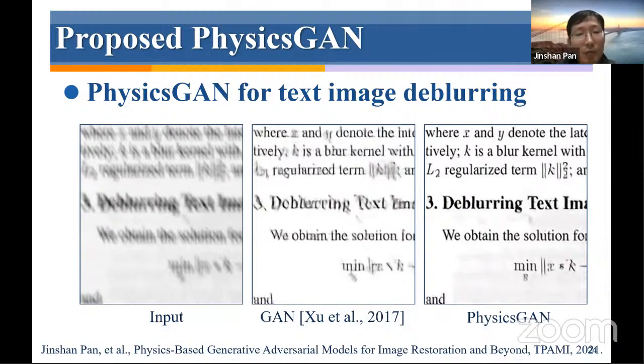In contrast to the GAN-based methods, our proposed method involves a backward stage that uses the physics model to constrain the network training, which thus obtains a much clearer image, and the characters are much clearer.